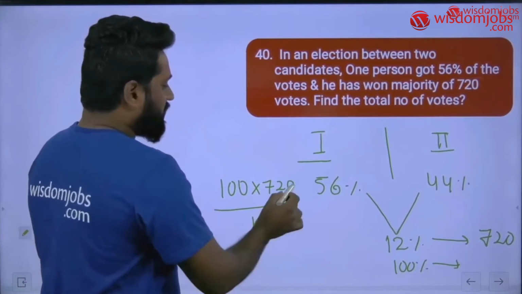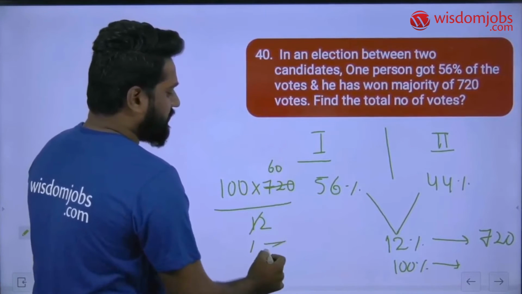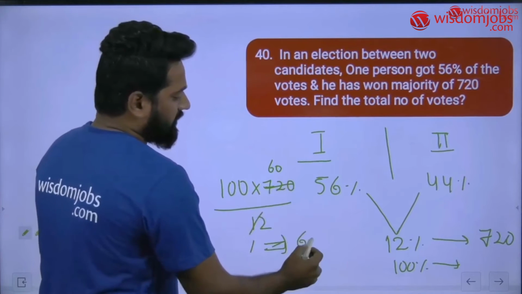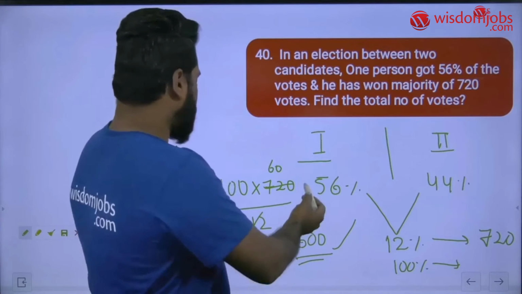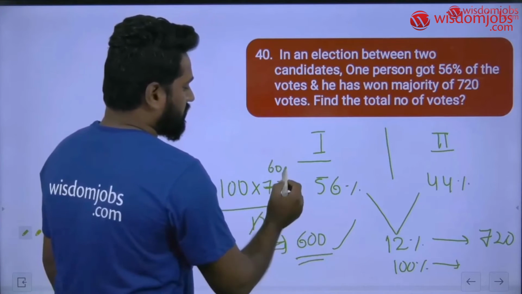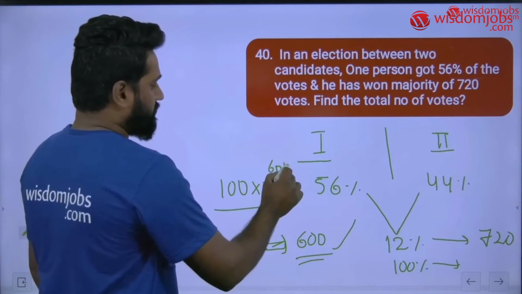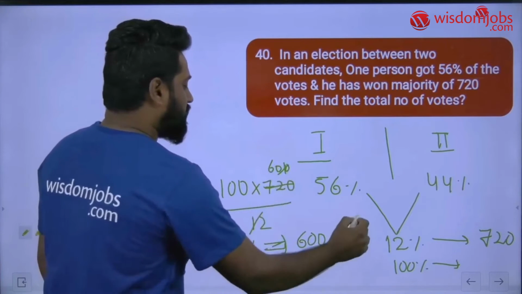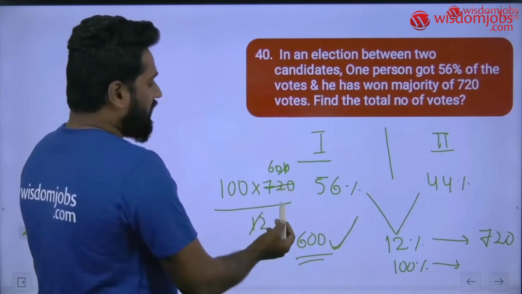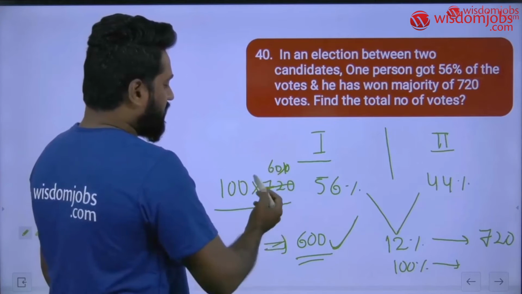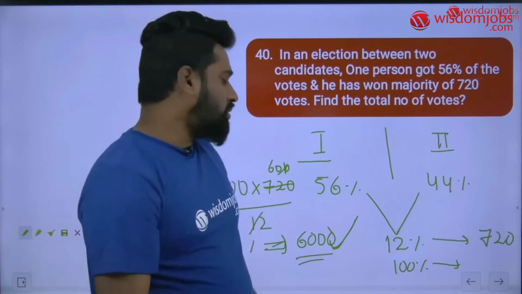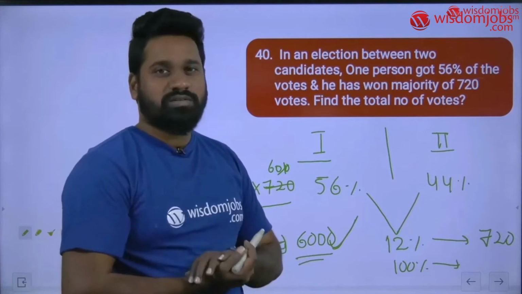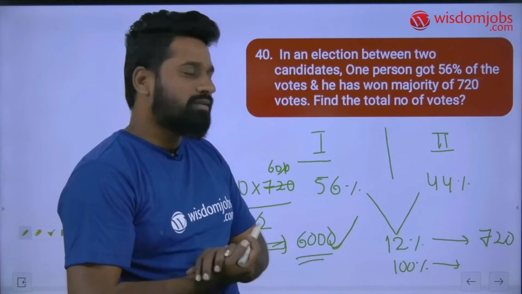So 12 sixes are 72, and you will get 0. 60 into 100, you will get 6000. So the total number of votes polled is 6000 votes. Is it clear enough? Right.